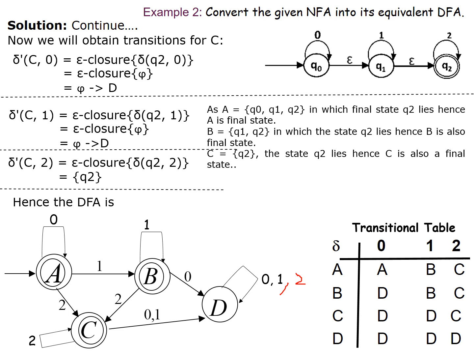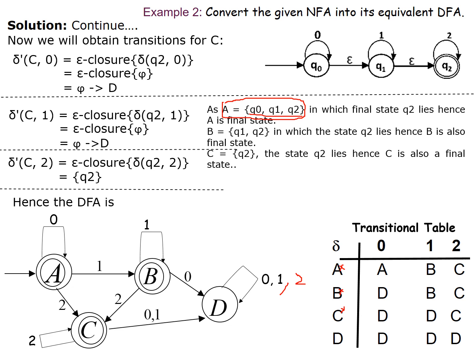In this case, I made A, B and C final states. Why are these made final states? Look at the explanation as given. A is Q0, Q1, Q2, in which final state Q2 lies. A is a final state because A represents these many states, so in this group Q2 will be there.